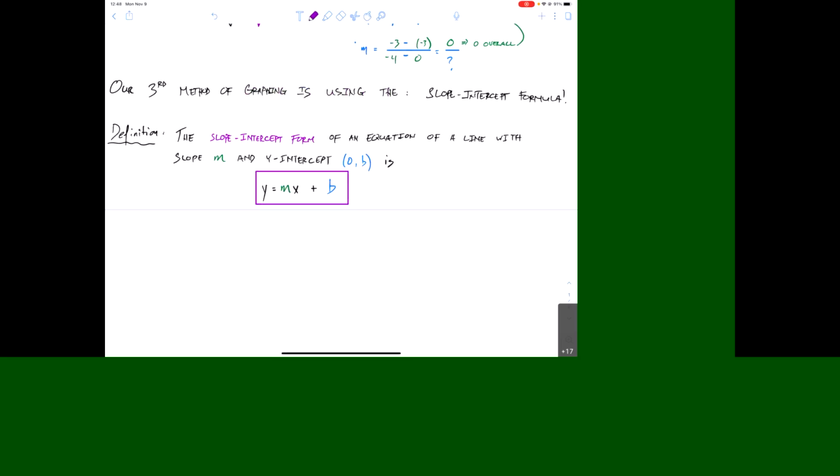Right, so again, the slope-intercept form of an equation of a line with slope m and y-intercept 0, comma b. So they're specifically talking about the y-intercept point, not just any random point. They want the exact y-intercept point is this, right?